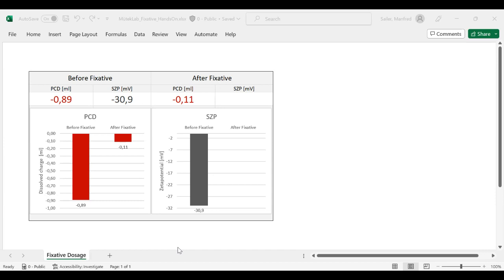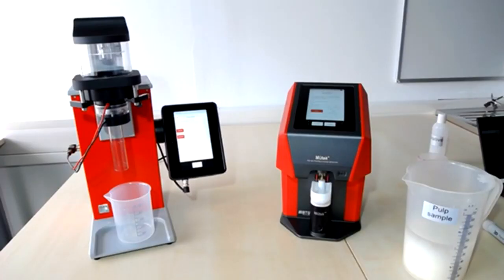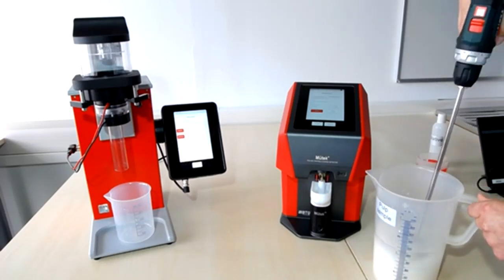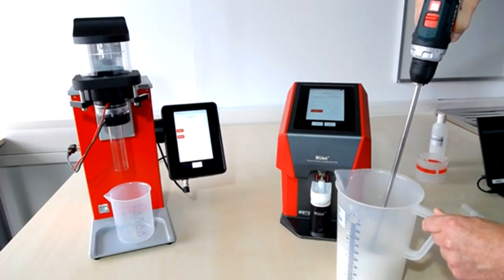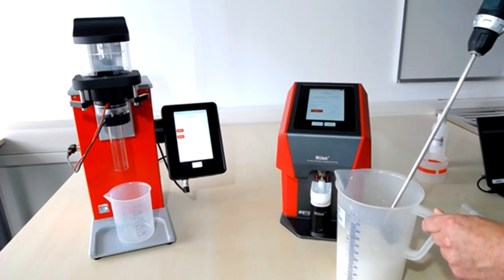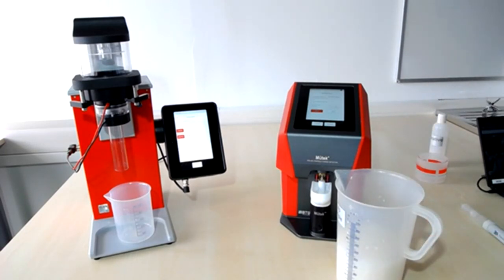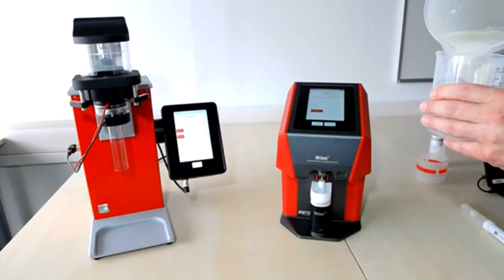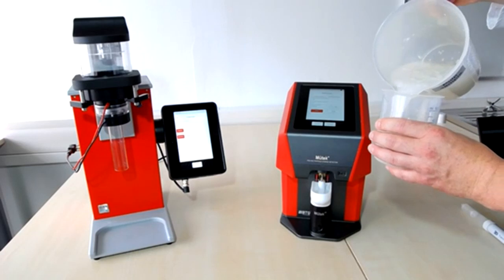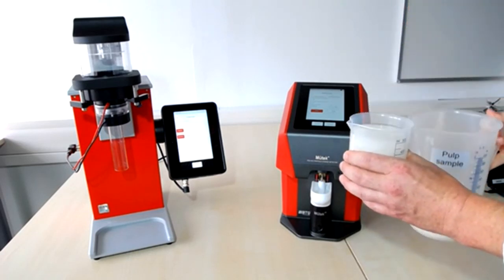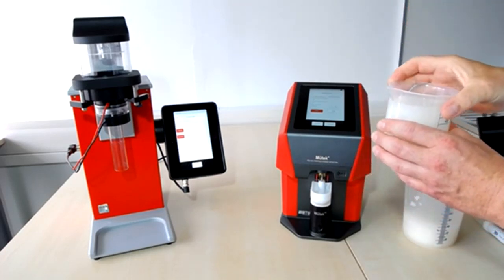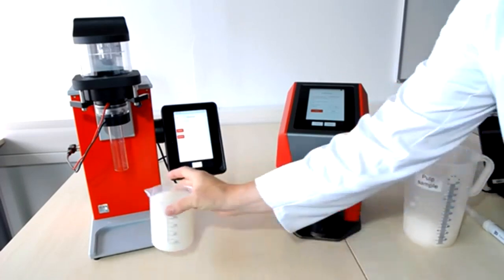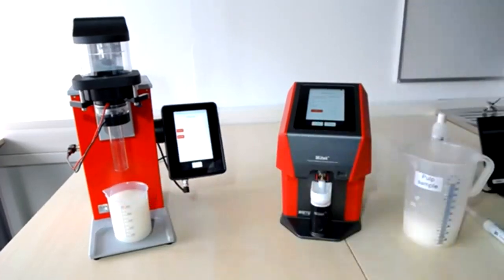For an SZP measurement, I will first need to re-homogenize the suspension here. And the suggested sample volume is 500 milliliter of the suspension. So I'm just taking 500 milliliter into this beaker. I'm placing it underneath the measuring cell.